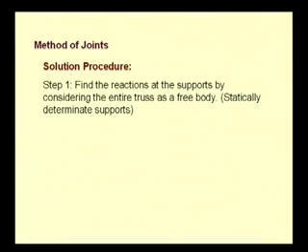Initially, we determine the external reactions at the supports by considering the free body diagram of the complete truss. Obviously, we assume that the structure is externally statically determinate. That means, it is possible to find all the external reactions.